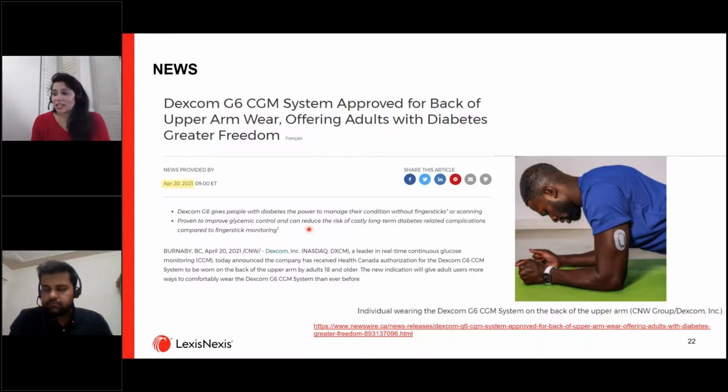You can wear the patch and your glucose level can be monitored, and it is for adults 18 and older. As you see, the patents that you retrieve as key patents have a key entity, Dexcom, and the product that they're bringing to the market. This is how relevant patent analytics can be if you are trying to analyze a rapidly growing field, something like digital healthcare technology.